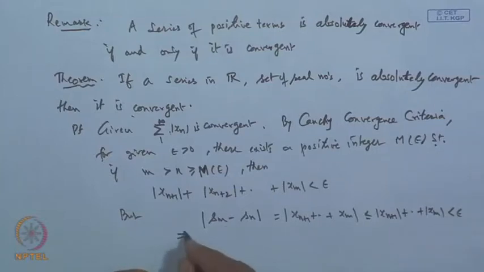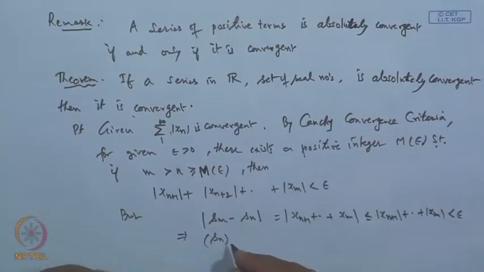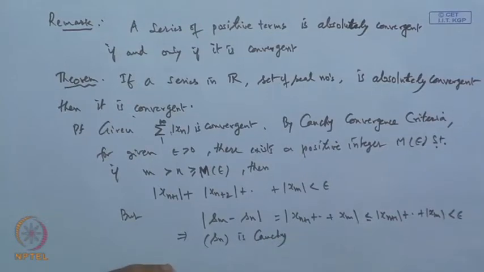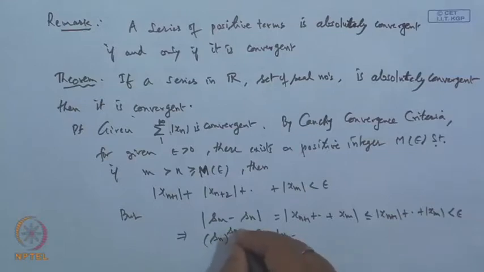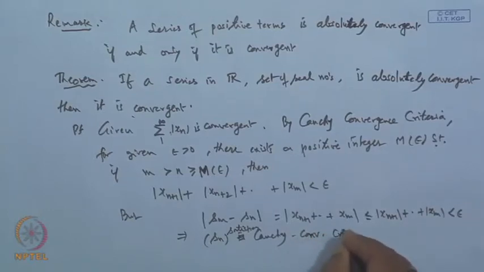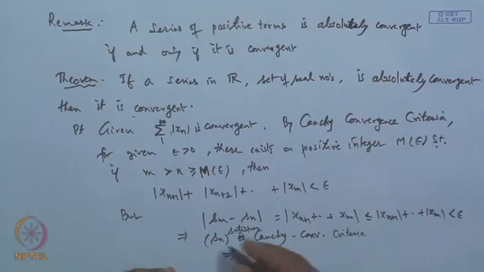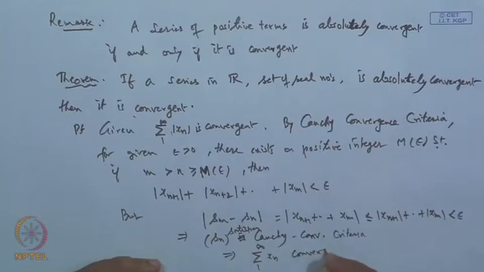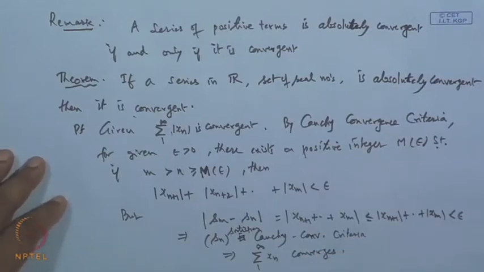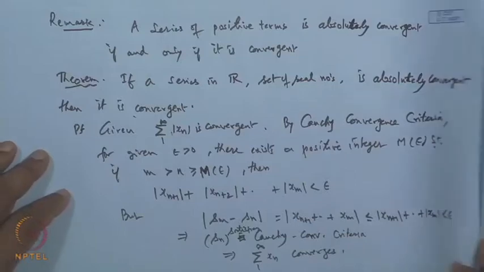This shows the sequence Sn satisfies the Cauchy convergence criteria, so it is Cauchy, hence it is convergent. Therefore, the limit of Sn will exist. Therefore, the series sigma xn, n from 1 to infinity, converges. Because epsilon is arbitrary, we can say this is convergent. Okay.